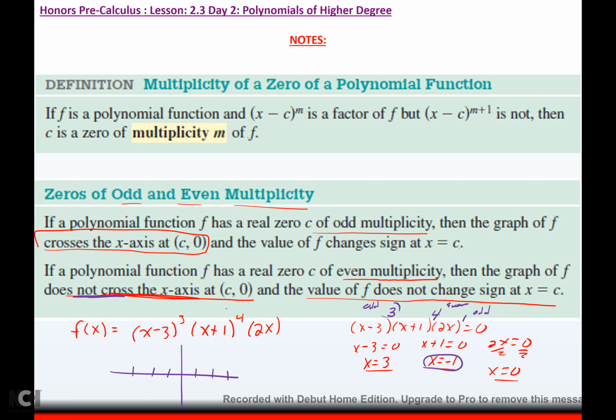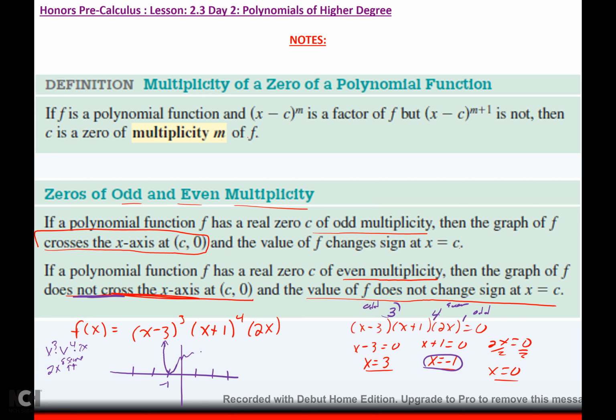If I multiplied my first terms only, I'd have x cubed times x to the fourth times 2x, which is going to be 2x to the 8th. Which means the tails are going to be the same, and positive means both up. So at negative 1 here, this tail has to be pointing up. But when it reaches negative 1, it's not going to cross through. It's just going to touch it and turn.